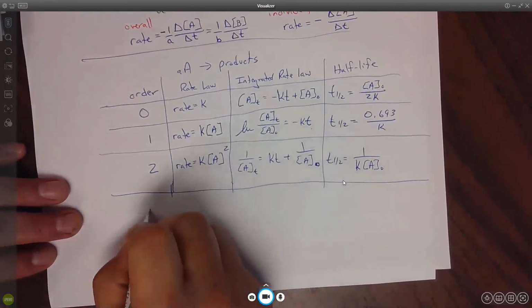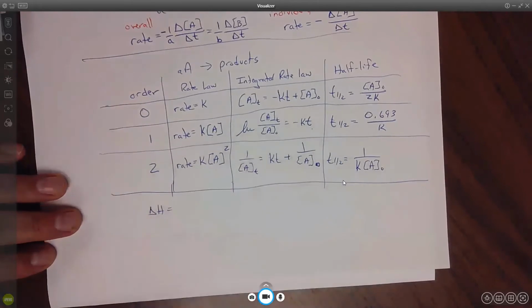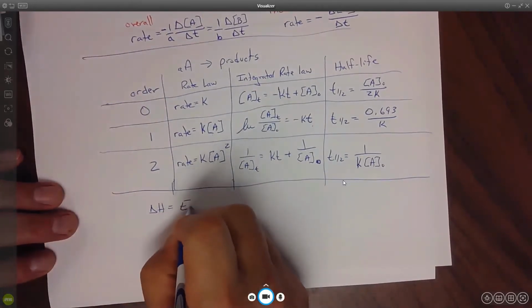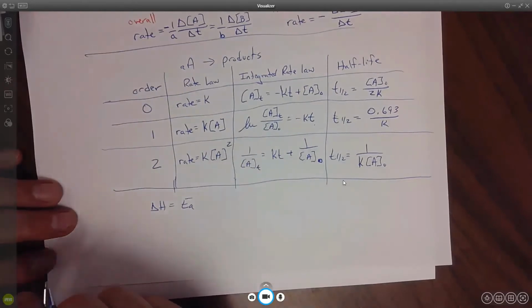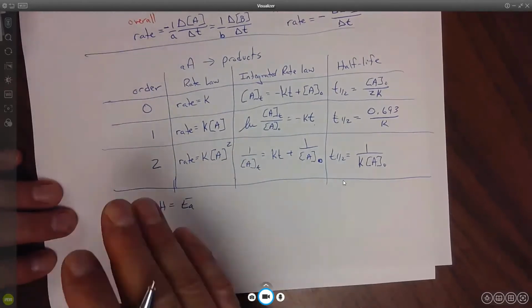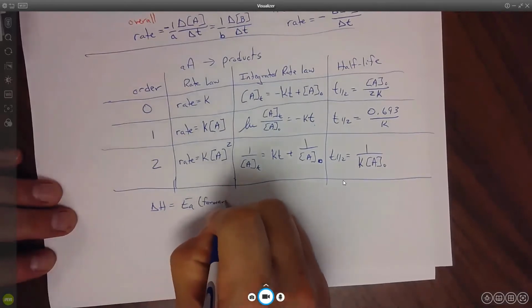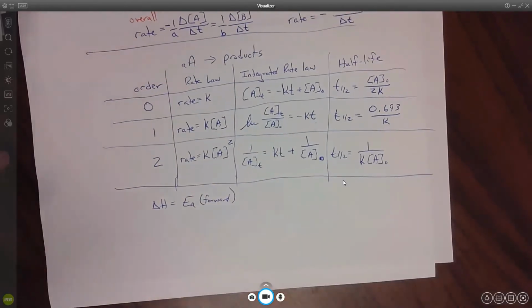Also, we're going to find out that we could determine the enthalpy from the activation energy. Now remember, we said that a reaction could actually go from reactants to products, which we would call a forward reaction. But the products can always go back to the initial reactants, which we would call a reverse reaction.